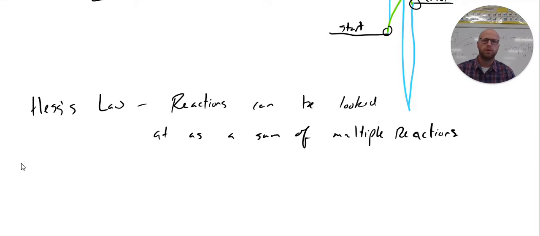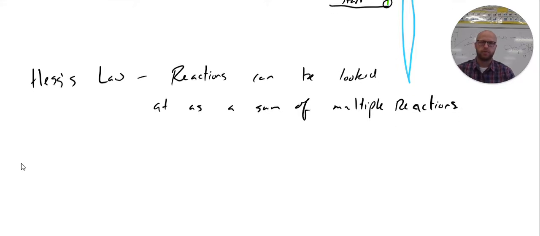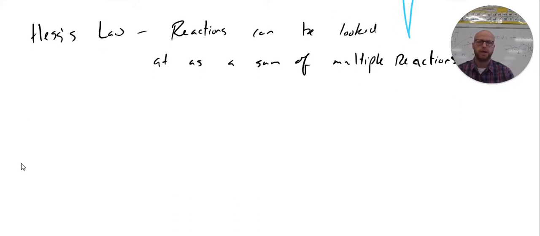One overall reaction can be looked at as a sum of multiple different reactions or steps. Reactions might not just happen in one step, but you can look at them as a series of steps that takes place.